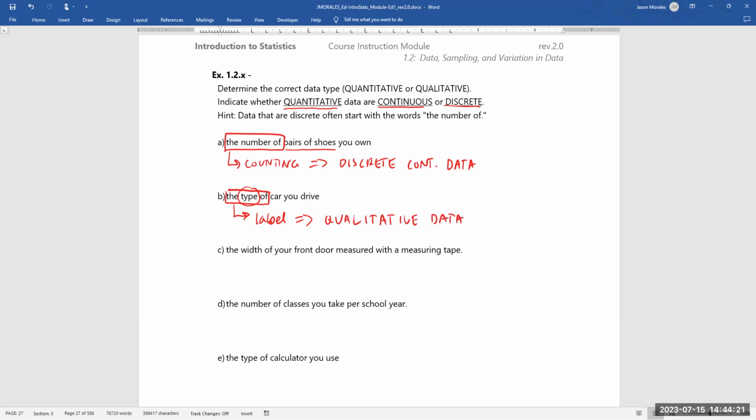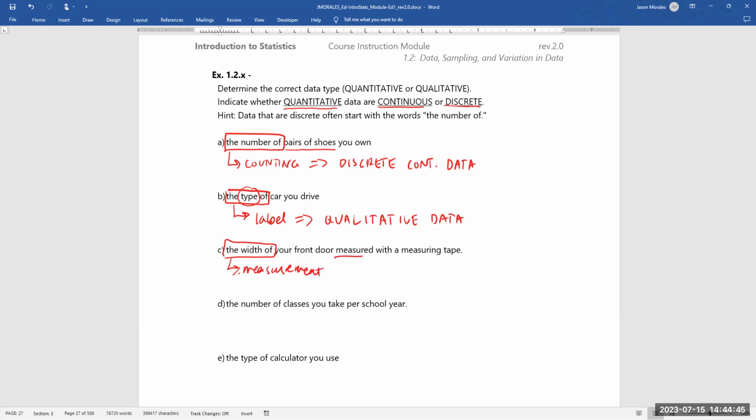Okay, part C, the width of your front door measured with a measuring tape. So there's a couple of words or phrases to clue in here. We're talking about the width of, so this already is implying a measurement.